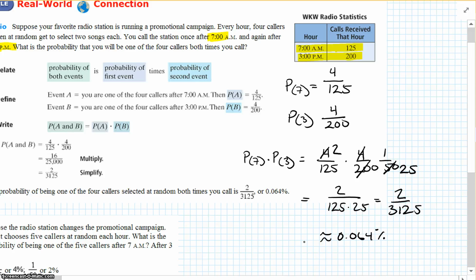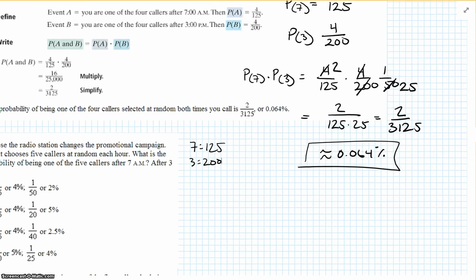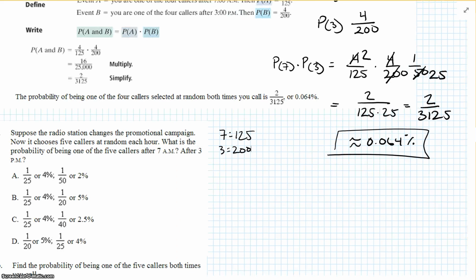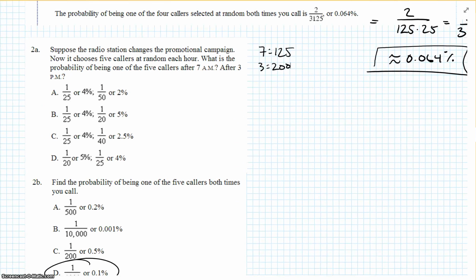So it's not very likely you're going to be a caller both times. Okay, so remember at 7 it was 125, and at 3 it was 200. So the probability of you being a caller both times is 2 over 3,125, or 0.064%.